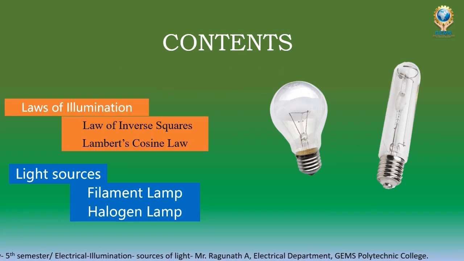Yes, these are the contents. There are two laws: the law of inverse squares and Lambert's cosine law. And then we are going to see two light sources: one is the filament lamp, another one is the halogen lamp.